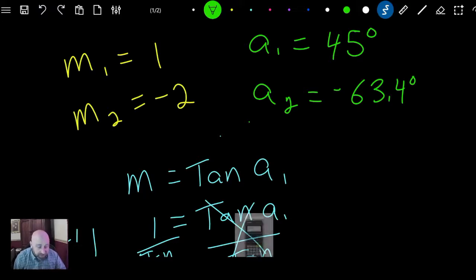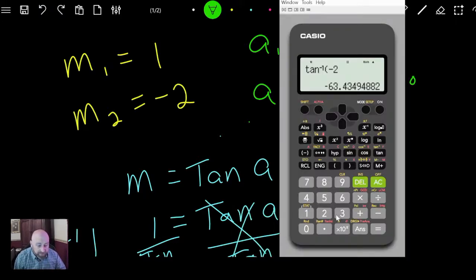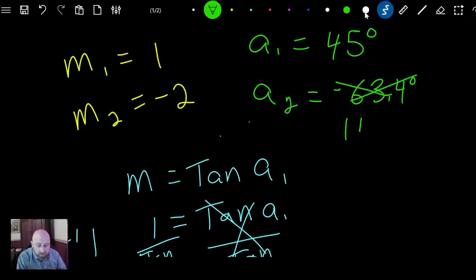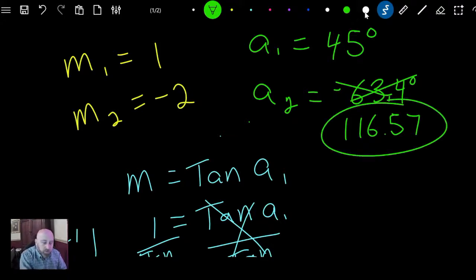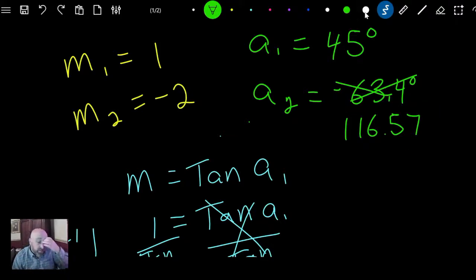We do that by adding 180. Plus 180 equals 116.565, or 116.57. Remember, don't use that negative angle, because it is not the angle we're using. We have to be between 0 and 180. Again, that was from yesterday's lesson.